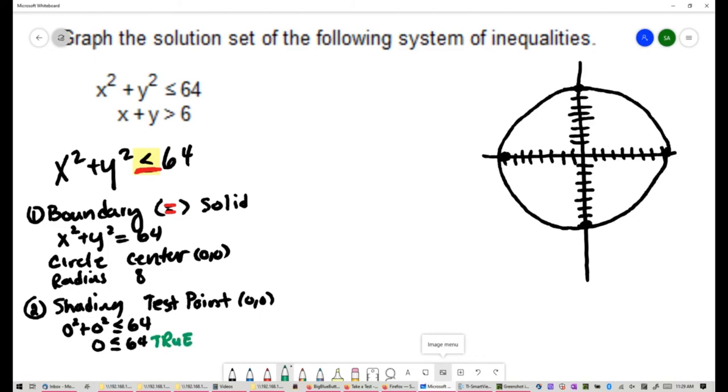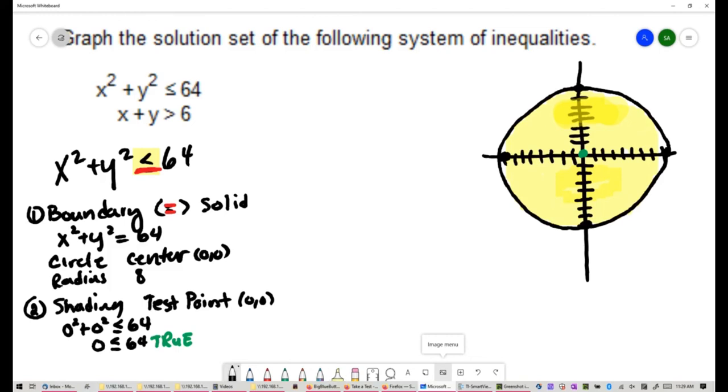So that tells me that my test point, which is inside the circle, is a solution. And that also tells me that all of the ordered pairs in that region on the inside are solutions. So I'm going to shade the solutions. All of the ordered pairs inside that circle are solutions.